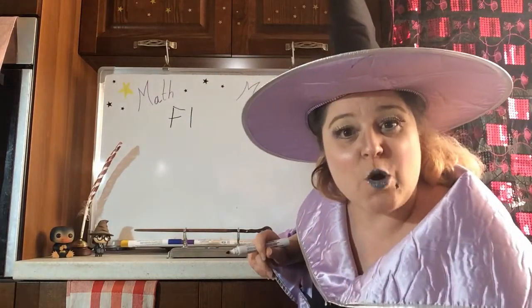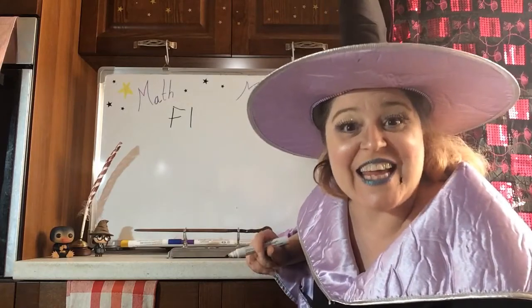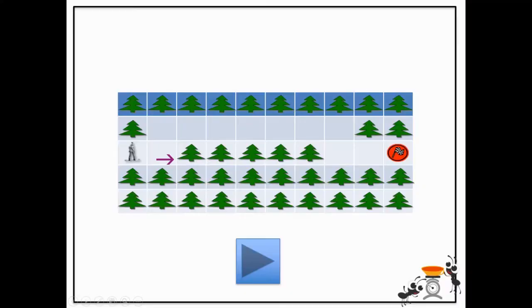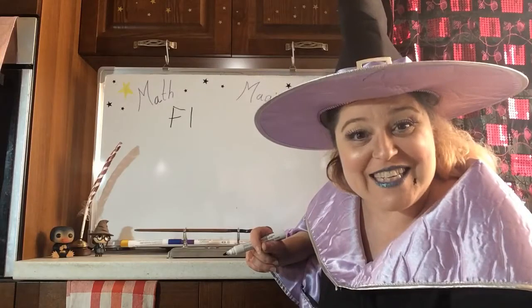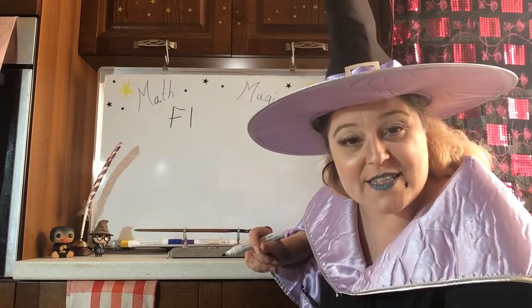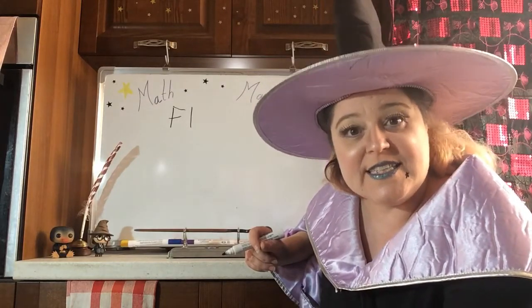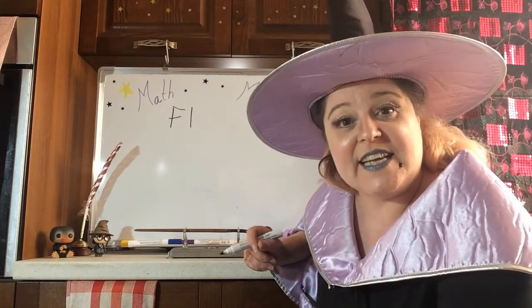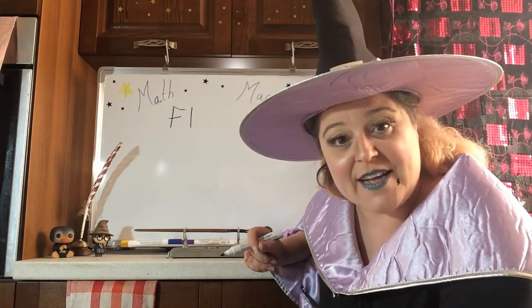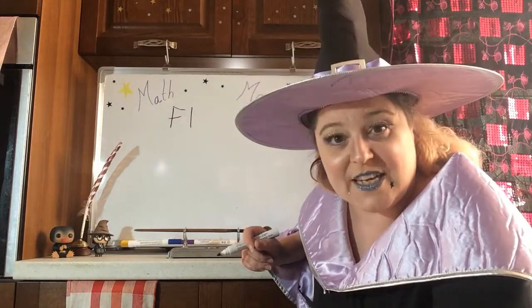Okay, let's go back to the snowboarder and take a look. He needs to change direction now. If he keeps going forward, he's going to crash into some trees, so he needs to turn. Do I need to turn a right angle turn clockwise or anti-clockwise? Take a close look.